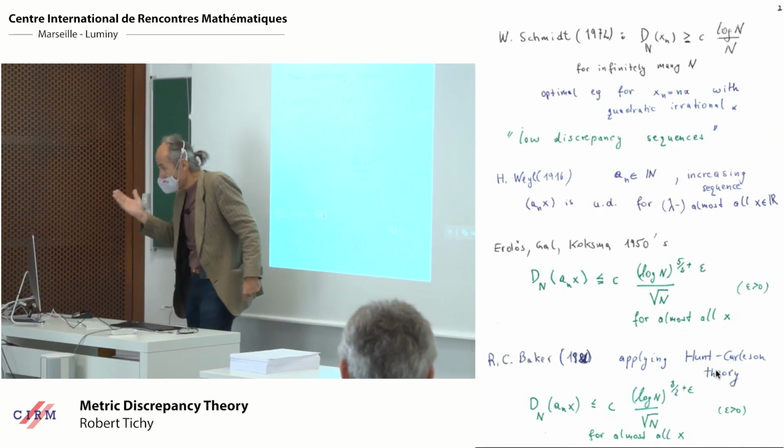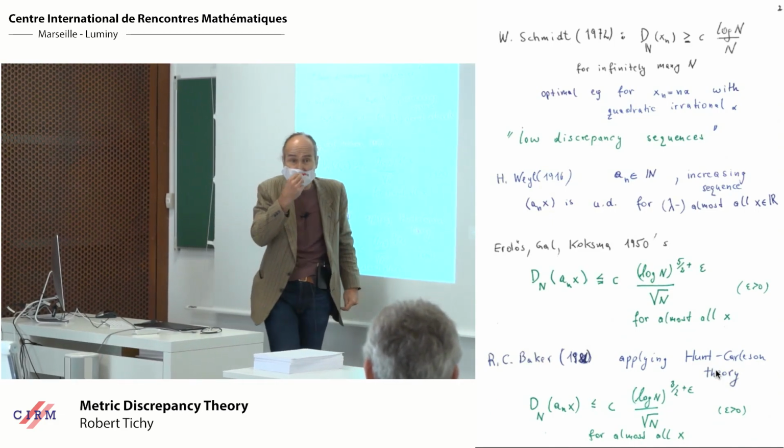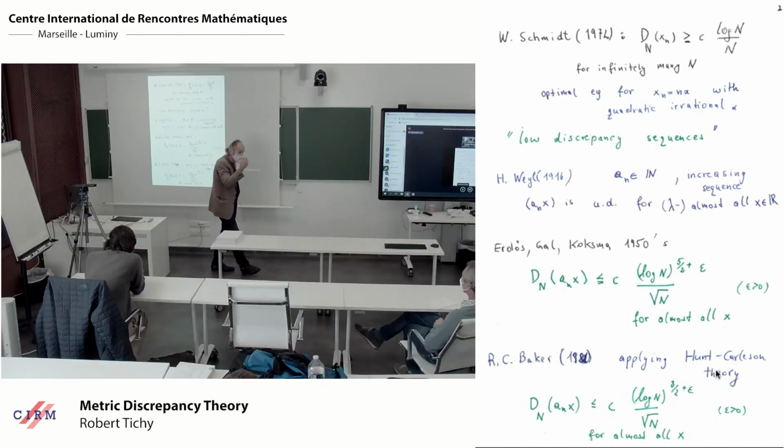Okay, as I mentioned, I am more interested in probabilistic aspects, and this was originally in the focus of Hermann Weyl in his seminal paper in 1916, where he introduced equidistribution as a general concept.